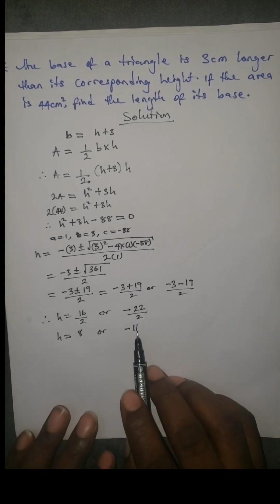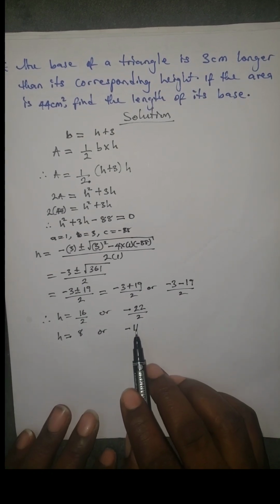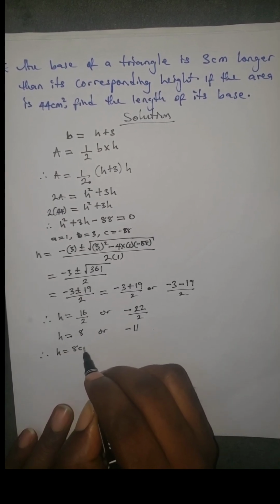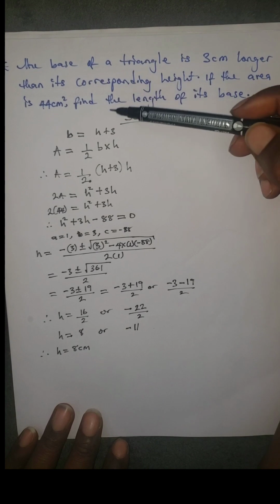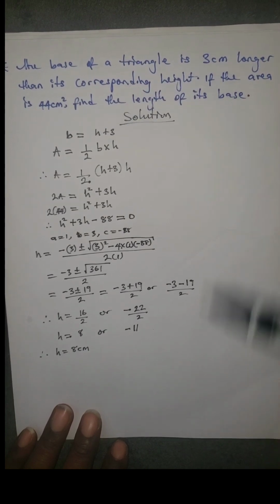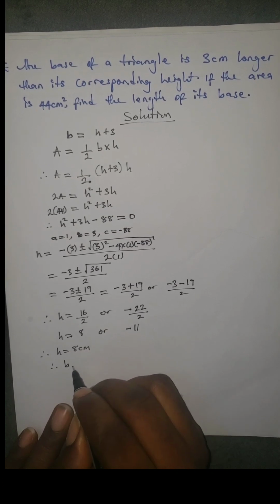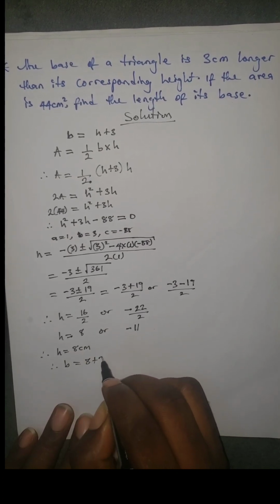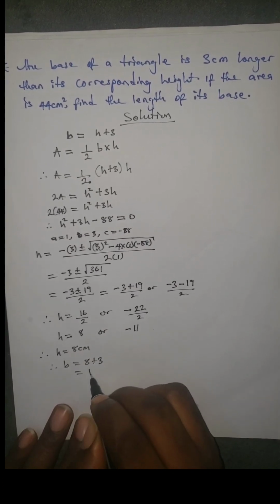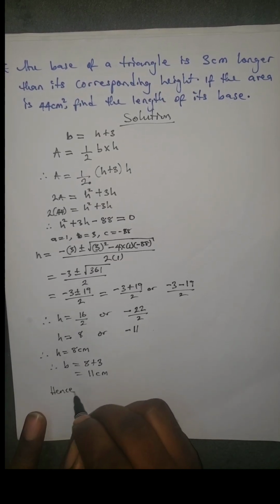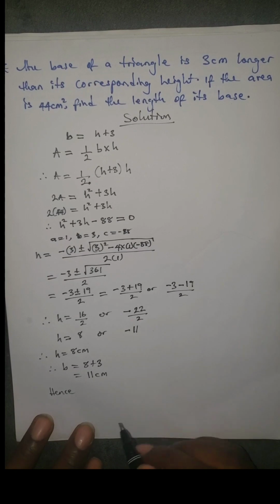You know that length or measurement cannot take a negative sign, so therefore h equals to 8 cm. Now, if the h equals to 8 cm, we can easily find the base. Therefore, base equals to 8 plus 3, that will give us 11 cm. Hence, I'm concluding my answer now.